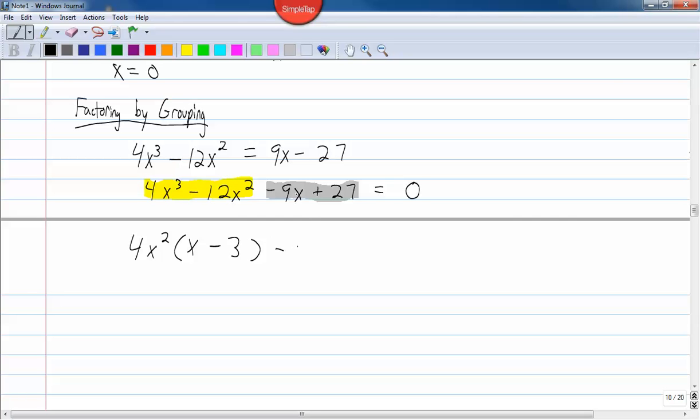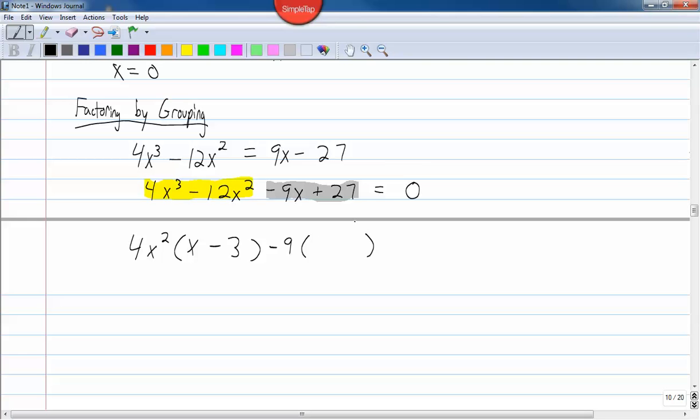Alright, now look at this second 2 terms. I want to factor the greatest common factor out of these 2 terms. And so since my first term is negative, I have a negative 9x. Instead of just factoring out a 9, I want to factor out a negative 9.